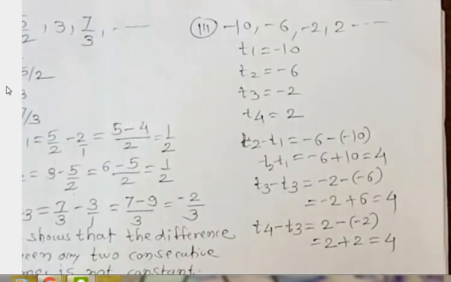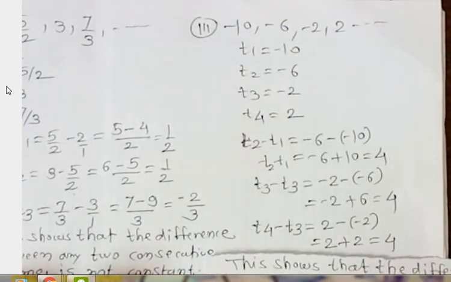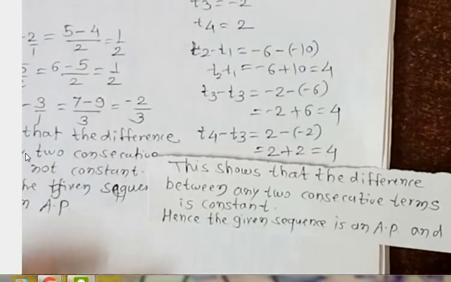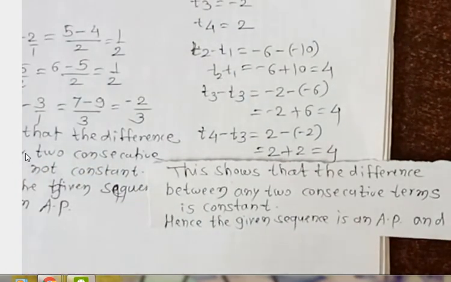Now here the common difference is, this shows that the difference between any two consecutive terms is constant.